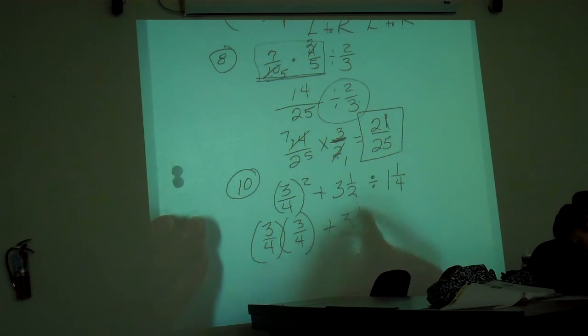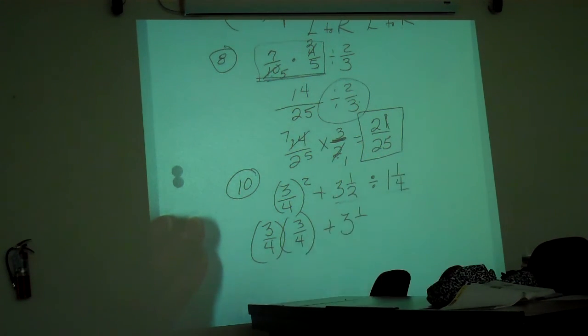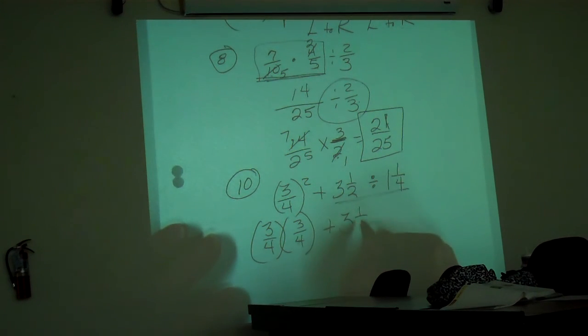We should go ahead and change that into improper, right? Because we're going to be dividing next. Let's go ahead and do the next step of getting that into improper. We're going to say plus the 2's on bottom. 2 times 3 is 6, plus 1 is 7.